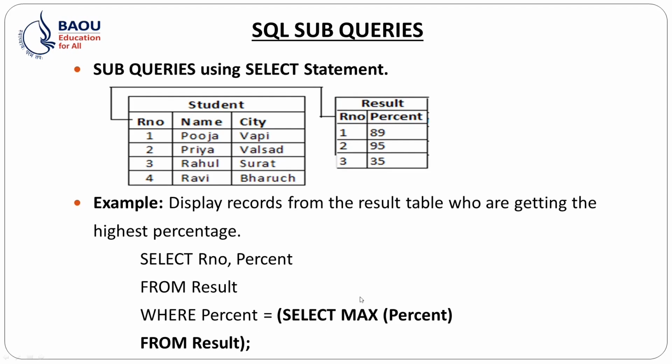First the inner query executes. It finds the max percentage from the result table. Once the max is found, the maximum percentage is matched with this column, and then the roll number and percentage are displayed from the result table. So in the output, we see the student with roll number 2 getting the highest percentage, which is 95.